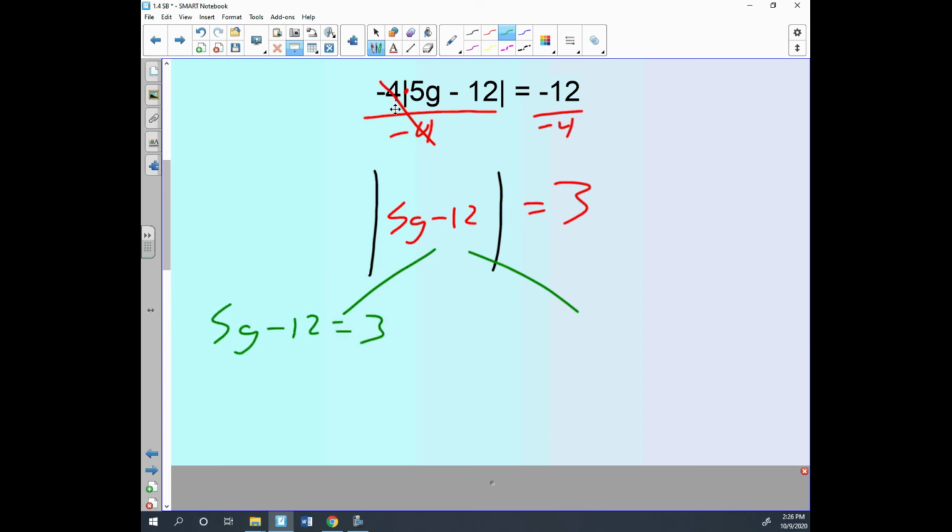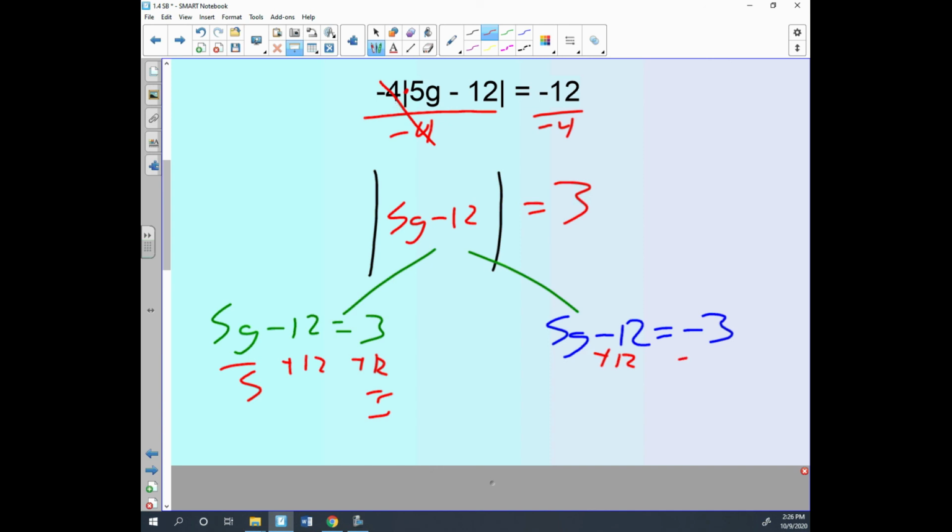Copy, paste. And over here, case 2 is 5g minus 12, but now instead of writing 3, I'm going to write equals -3. And I'm actually just going to leave that there. On both sides, you'd add 12, and then you divide by 5.